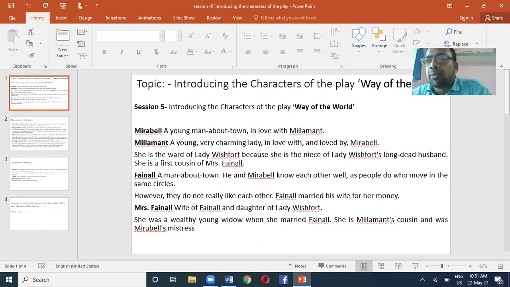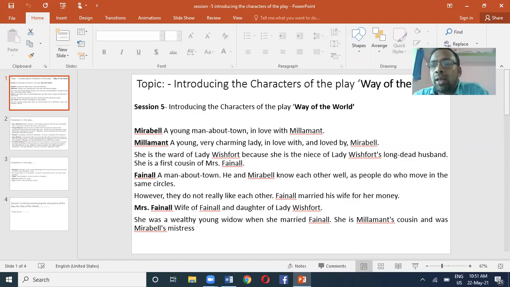There will be a big number of characters in the play Way of the World. When the characters are many, both major and minor, there will be a kind of confusion in understanding the relationship between the characters, and that leads to misunderstanding the plot and the story of the play.